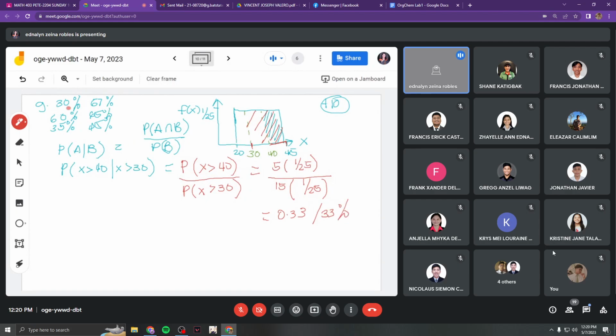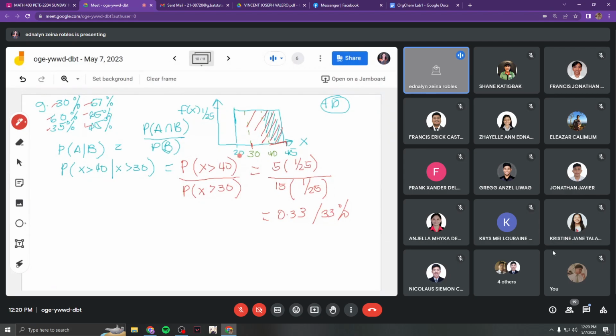33%. So walang nakatama doon sa mga nag-try magsagot. So this is how you solve. You will just be remembering the different relationships that we've discussed previously. Like this one, we will be solving the conditional probability.